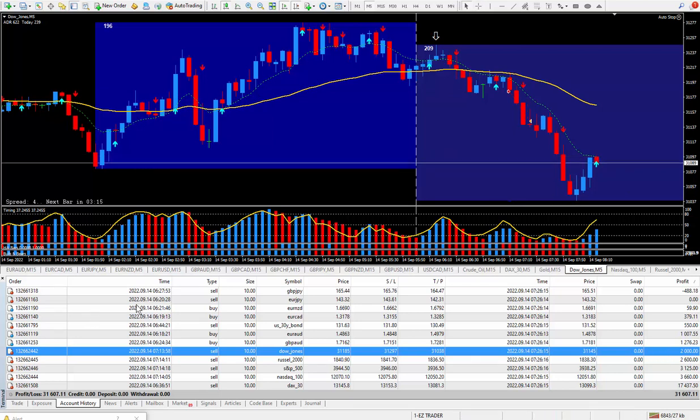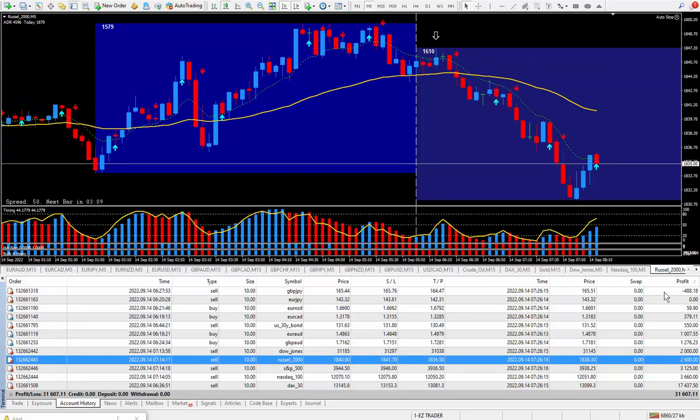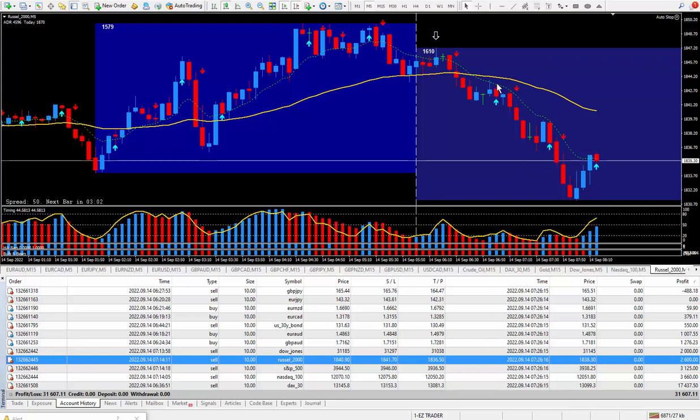Moving on to the Russell. Now this one here pays $10 for each tick. Looking at the money, it should be 26. So let's see. Down on the 5 minutes. Bit of a pullback here and here. There's your signal. By the way, this is the setup candle.